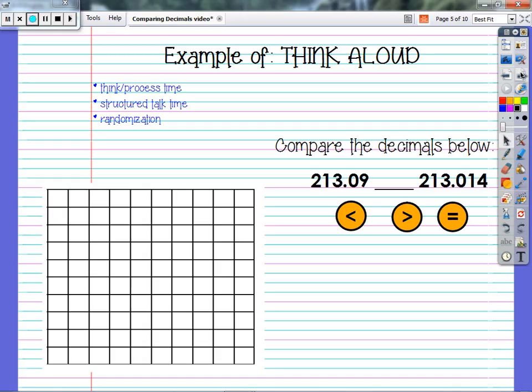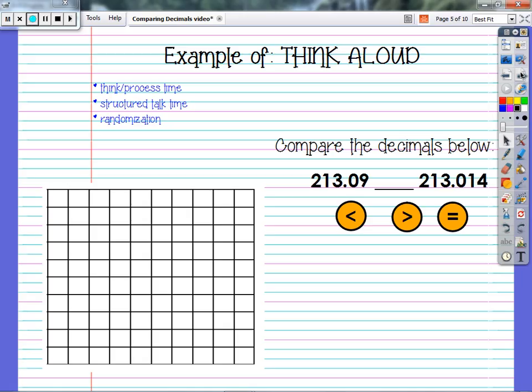So here we're just comparing two decimals, and we're going to have to decide whether 213 and 9/100 is less than, greater than, or equal to 213 and 14 thousandths.